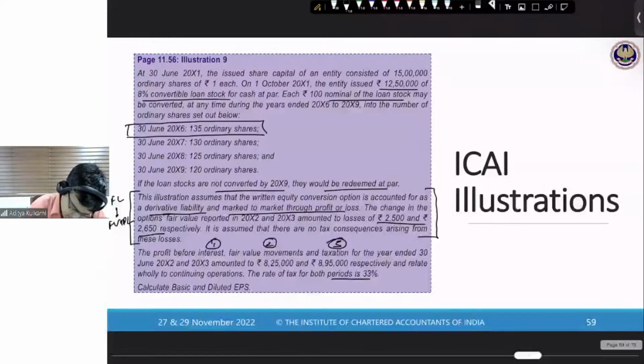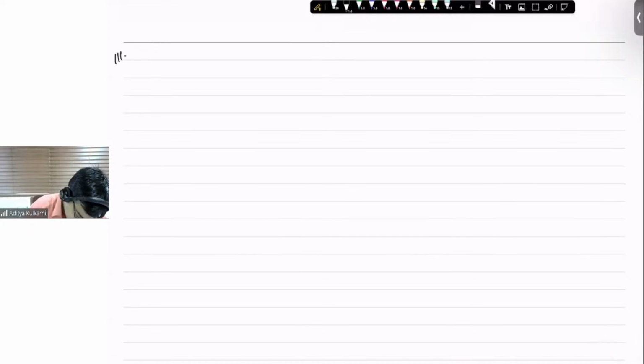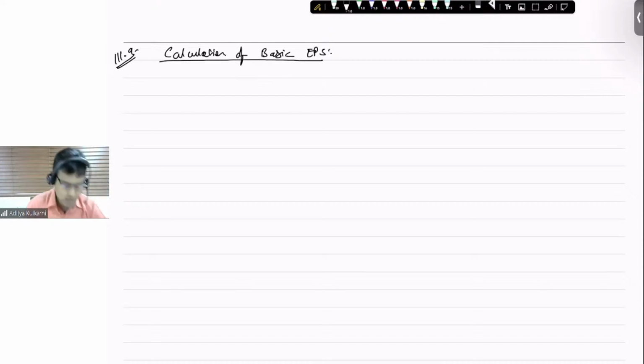This is question 9, illustration 9. Calculation of basic EPS. Okay. So particulars. Year ending 30th June.